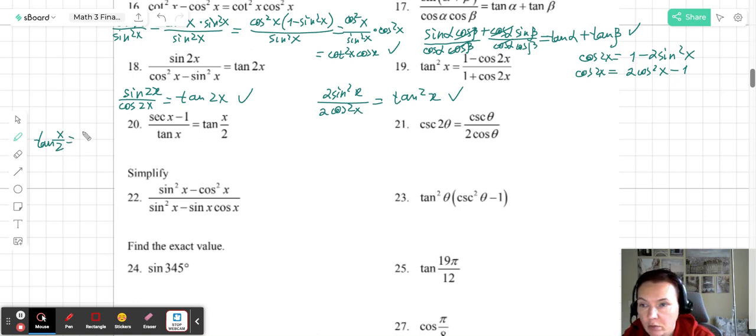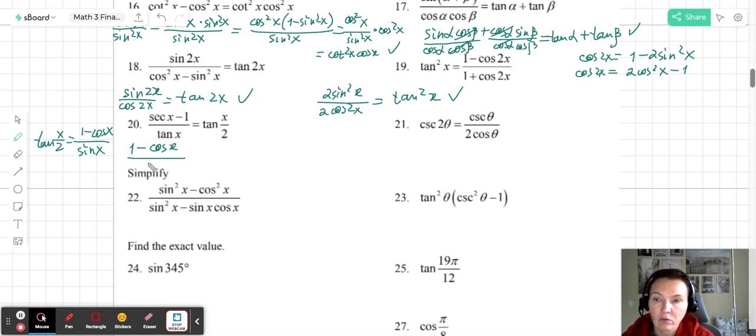One of them is going to be 1 minus cosine x over sine x. And that's what I'm going to try to get from this left side. So I'm going to multiply, because secant is 1 over cosine, tangent is sine over cosine. I'm going to multiply each numerator and denominator by the cosine. So secant, 1 over cosine times cosine is going to give me 1. 1 times cosine x is going to give me cosine x.